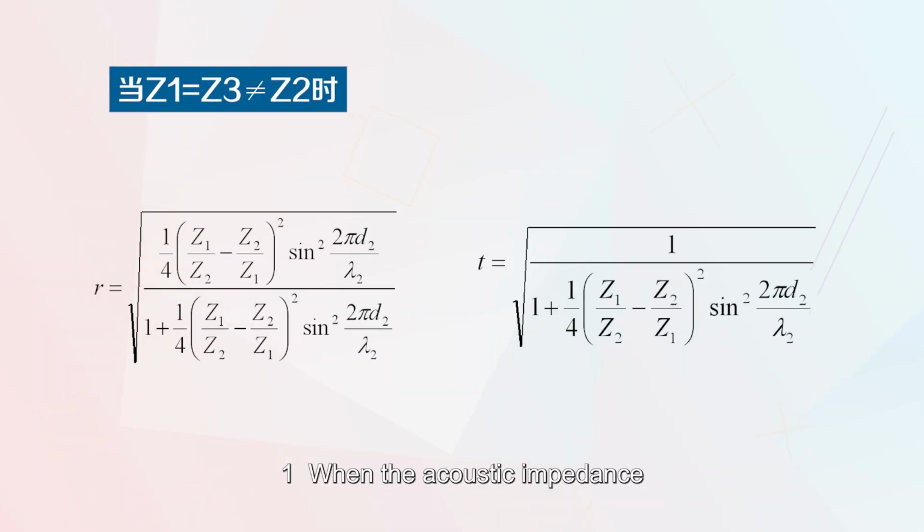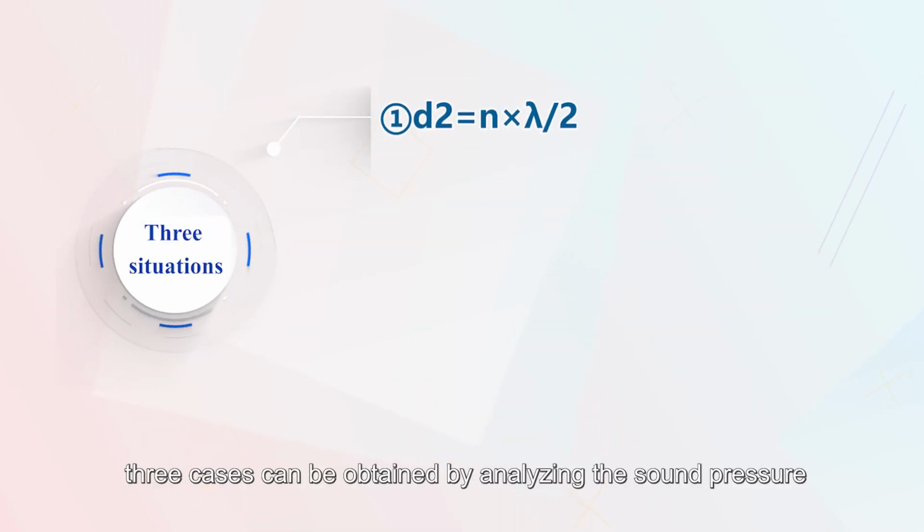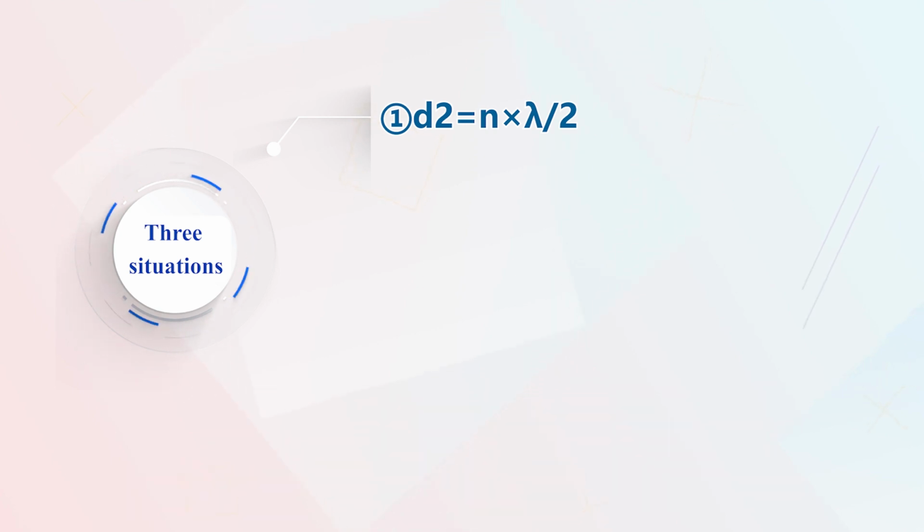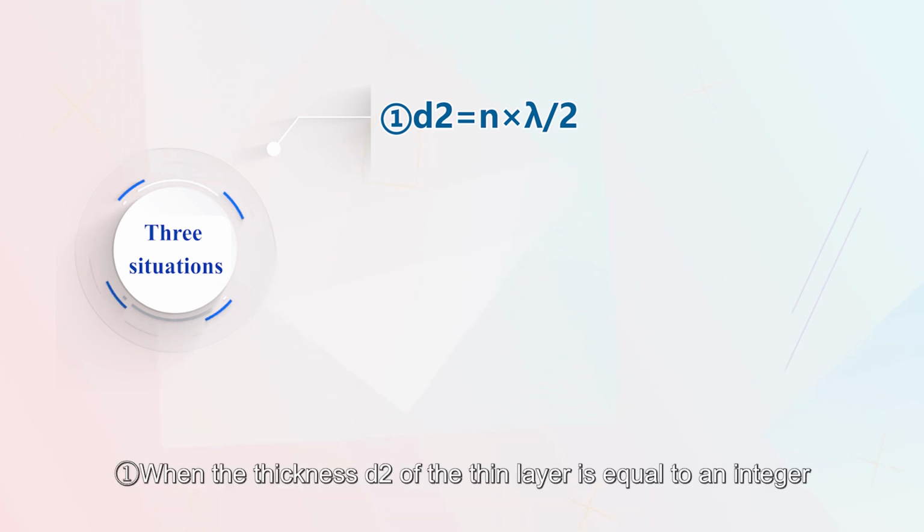One, when the acoustic impedance Z1 of the probe protective film and the acoustic impedance Z3 of the workpiece are equal, but not equal to the acoustic impedance Z2 of the couplant. Three cases can be obtained by analyzing the sound pressure reflectivity and transmittance. 1.